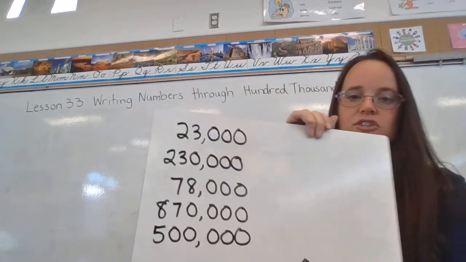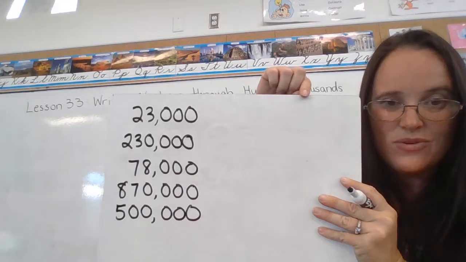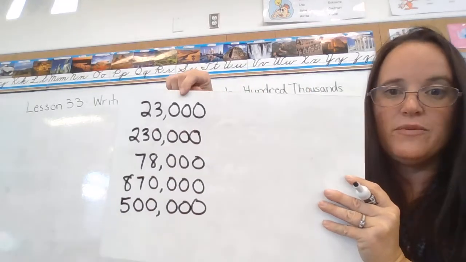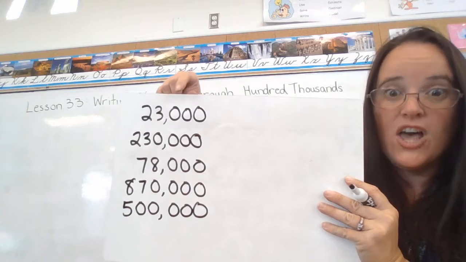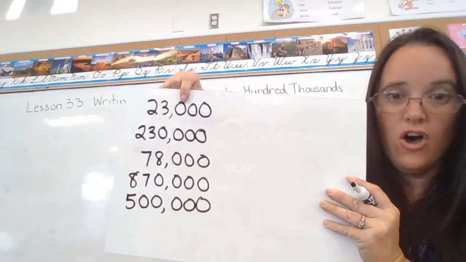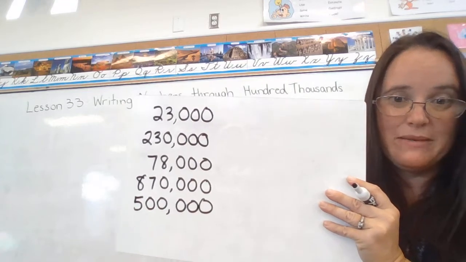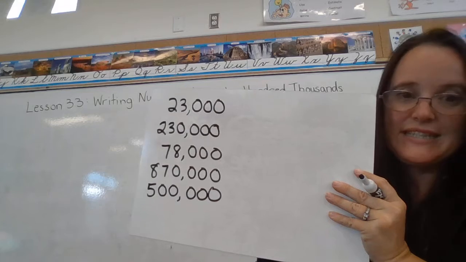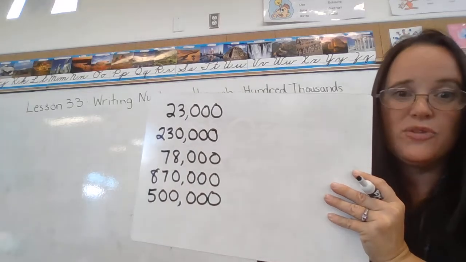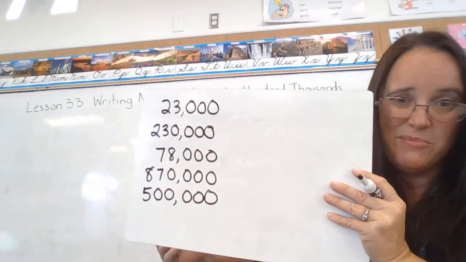Okay, so I want you to notice what I did there. In the book, these are all listed horizontally. I wrote them vertically, and do you see how I lined up all of the ones, all of the tens, all of the hundreds, and so on? So that's going to help me put them in order from, in this case, least to greatest. So the first thing I probably want to do is take my list and just number them.